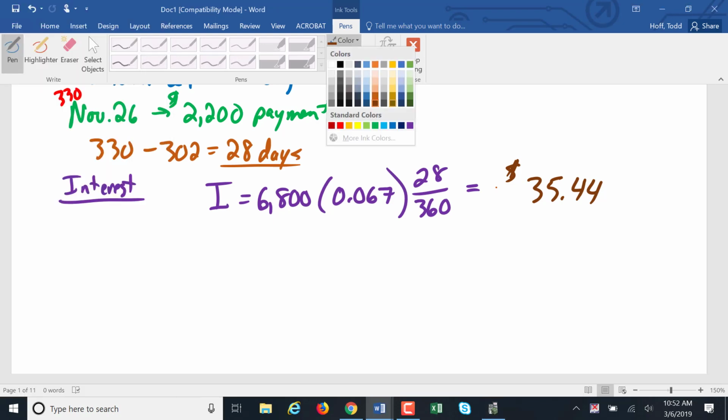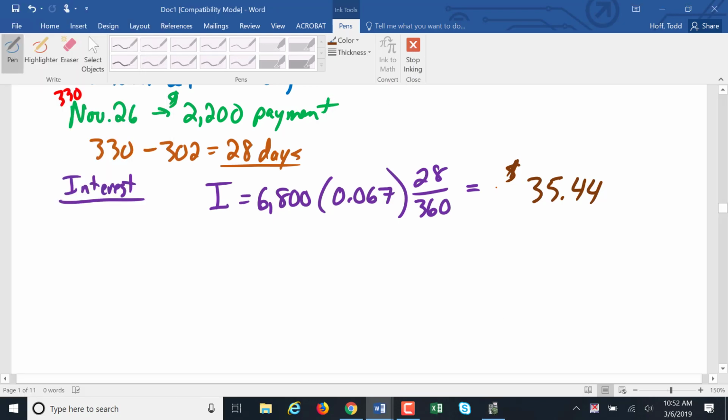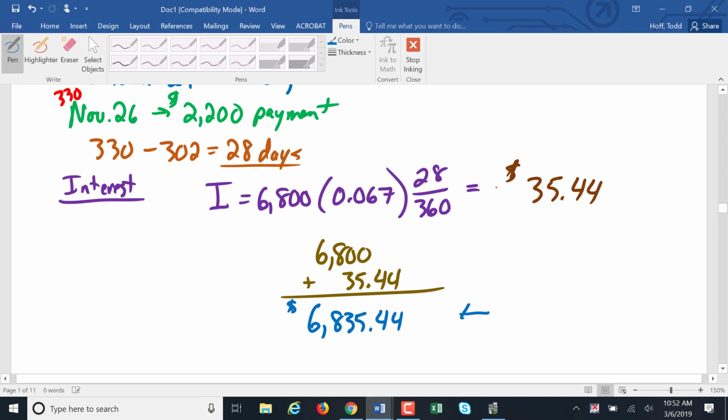So now we need that balance before the payment. So I'm going to take my $6,800, add my $35.44, to get $6,835.44. That's the balance before the payment.